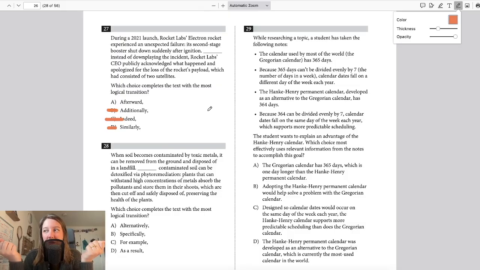So we could say something like, this has an impact on people who are trying to buy homes. Similarly, it has an impact on people who are trying to have children, right? These are not necessarily the same groups of people, but they have a similar problem. In this case, we're talking about something that's happening on a timeline, right? This first happened, then this happened. So we want afterward. That's the one that's got the time built into it.